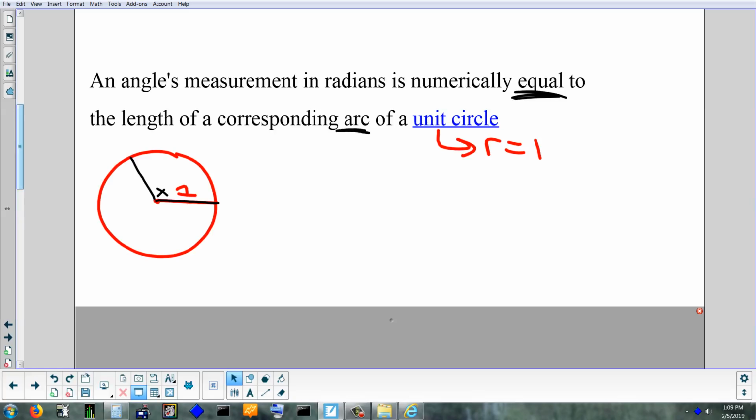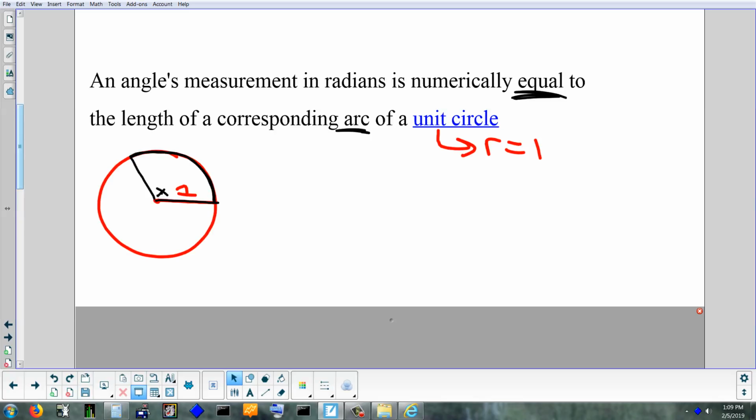Well, if you took a piece of string and measured that arc, that would come out to 2.6 as well. 2.6 feet, 2.6 inches, depends on what the one is. So whatever that angle comes out to in radians, this arc is going to come out to exactly the same number. They're going to match. But that only happens in a unit circle. Okay? Any question on that idea?